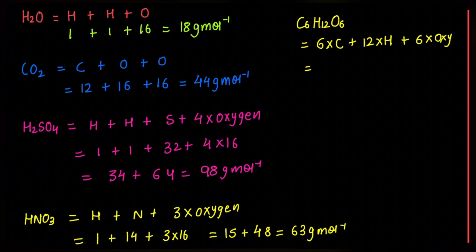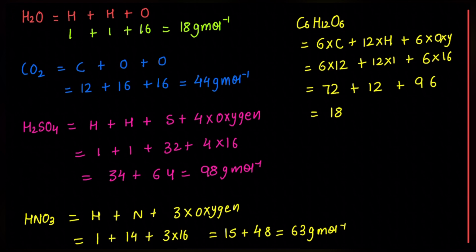The molar mass of carbon is 12, so it is 6 times 12 plus, for hydrogen, 12 times 1. For oxygen it is 16. So 6 into 12 is 72, plus 12 into 1 is 12, plus 6 into 16, that is 96. If we calculate it, the answer comes out to be 180 grams per mole.